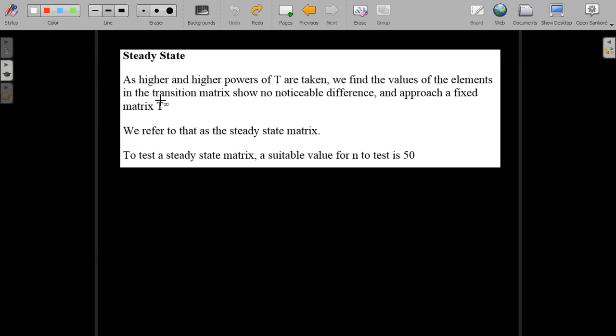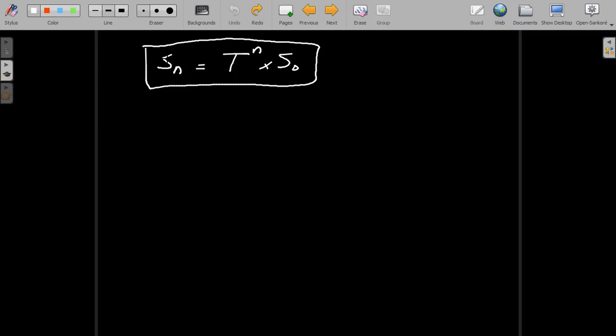Now, steady state is looking at higher and higher powers of T. So the more we do this, if we want to work out what S100 was, we actually get this situation where the numbers in the matrix end up being the same each time because we're getting so high.